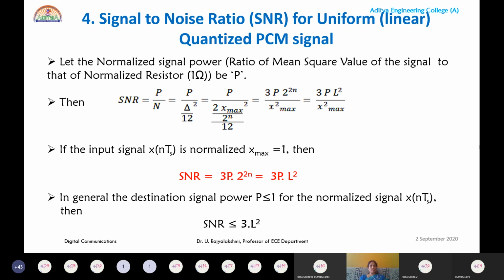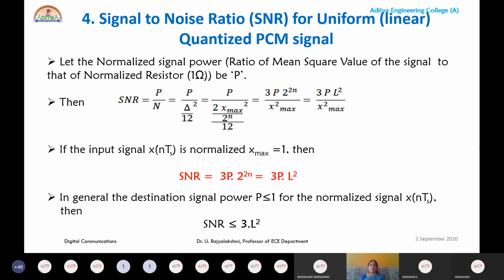Upon substituting the value of N as delta square by 12 in the denominator, you get SNR as 3P L square by x max square, where P is the assumed normalized signal power, which can be obtained by taking the ratio of the mean square value of the signal to the resistance value.